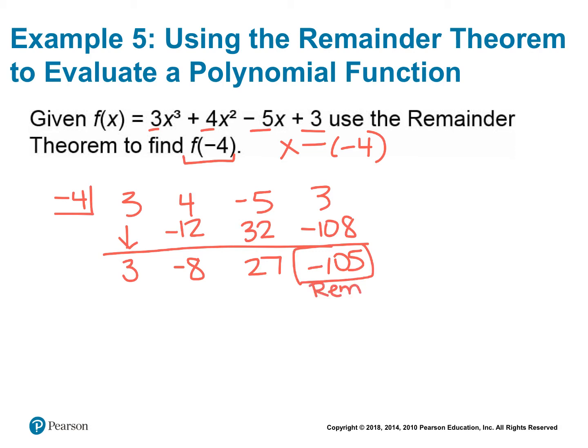So by the theorem, we're saying that if we take f of -4 here, we should get -105. So I'm going to replace my x's with -4 in the original.